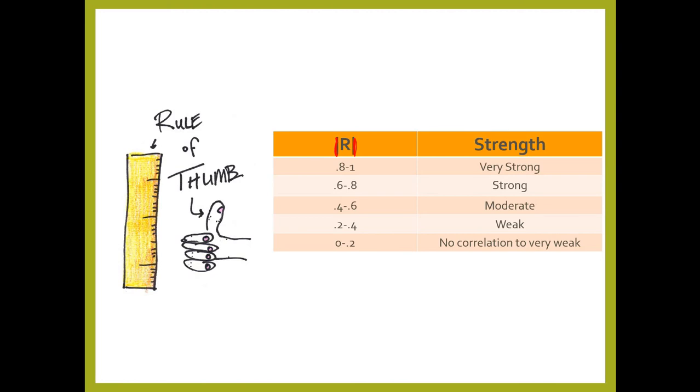Now again, these are just rules of thumb. Somebody else might have a little bit different rules of thumb, so you don't have to memorize these exactly, but you should get used to it. Like if I have a 0.7 R, that's a strong R value. If I have a 0, there's no correlation whatsoever. And if I have a 1, there's perfect correlation, and it's probably not real data, it's probably made up.